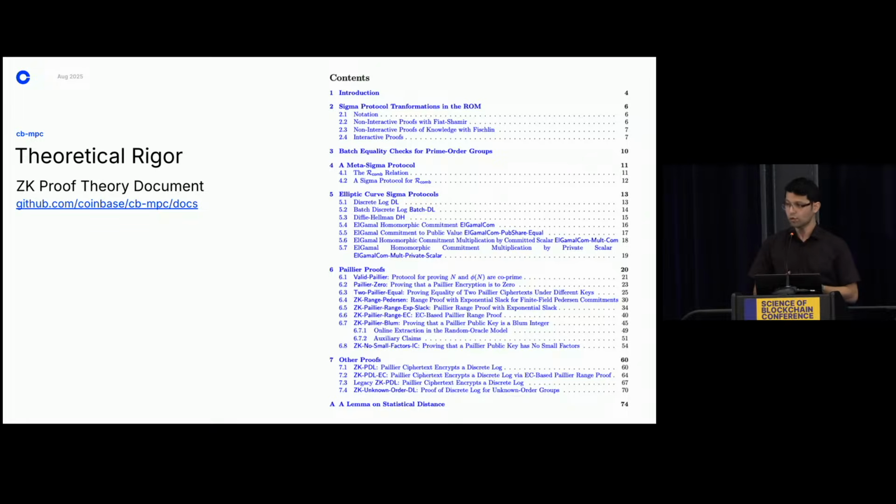As you can see, it's quite a long document. It includes the general treatment of sigma protocols, various proofs on elliptic curves, proofs on the Paillier, and others, for example, PDL or unknown order proofs. I do encourage you to take a look at it, but I won't go into detail right now.